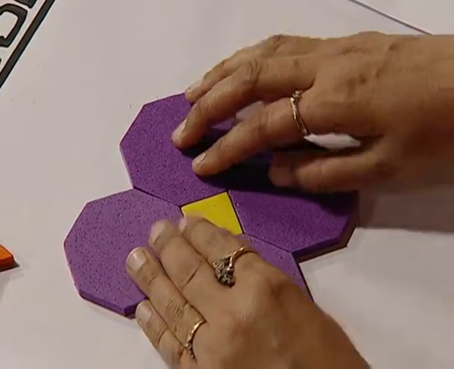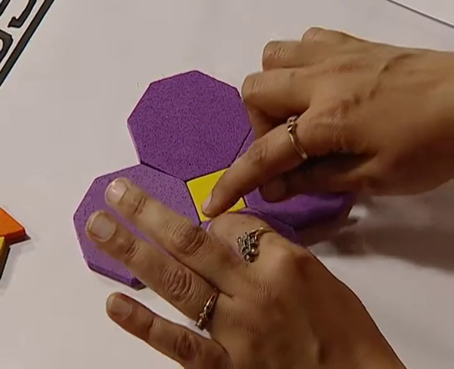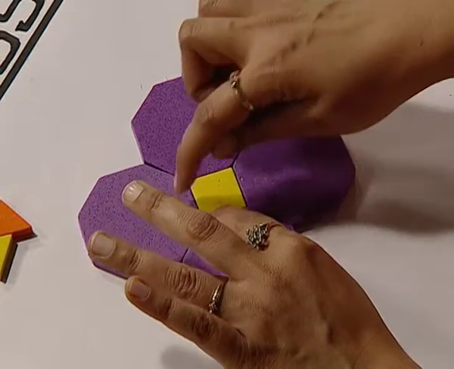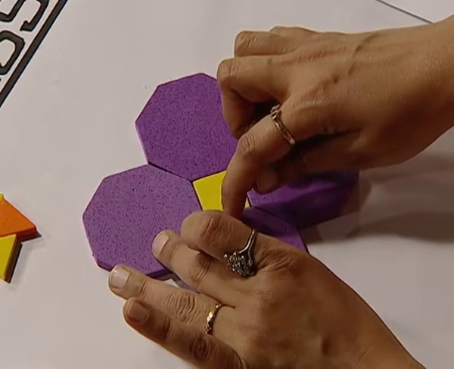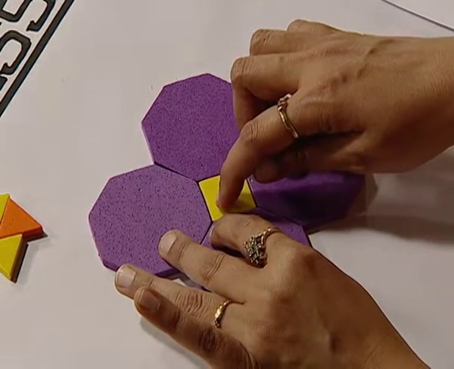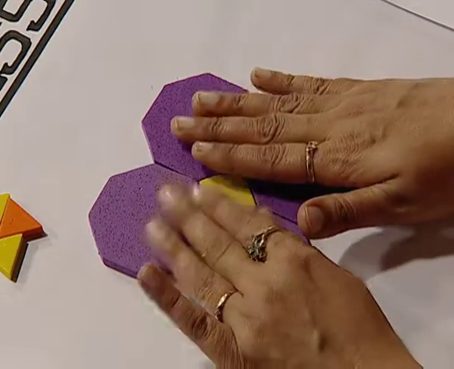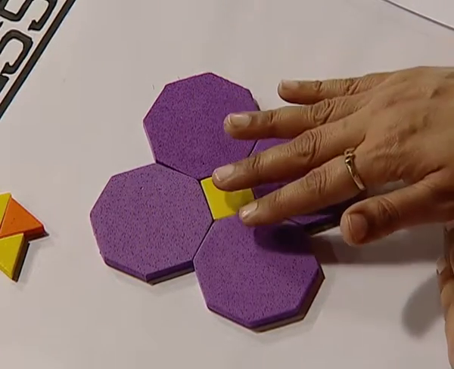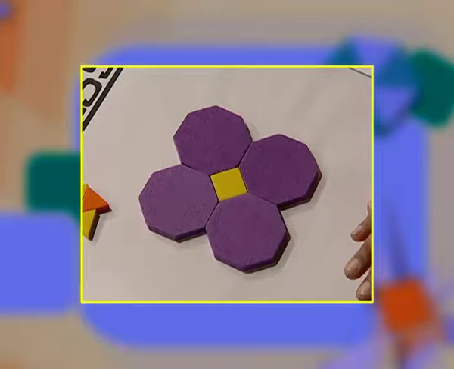What do I observe? I observe that the figure is now tessellating, because at any given point the angles add up to 135 plus 135, which is 270, plus 90, which is 360, and therefore we have a pattern now of a combination of octagons and squares which is tessellating.